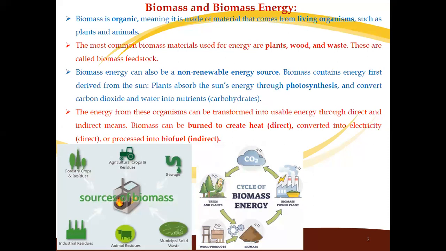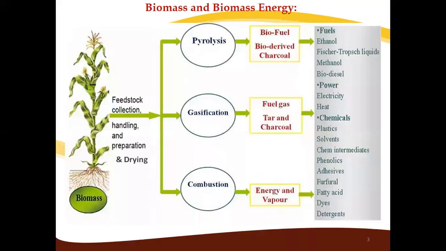Now we'll see the different methods for conversion of biomass into biomass energy. If you see, there are mainly three methods of conversion of biomass into bioenergy. These are the methods of thermal conversion. So the first method is combustion. There is a direct combustion which forms energy and vapors.